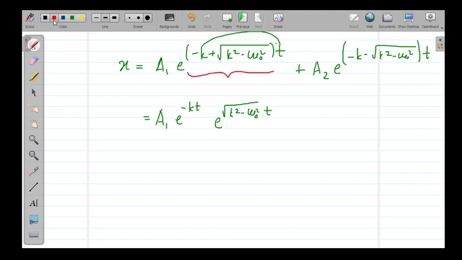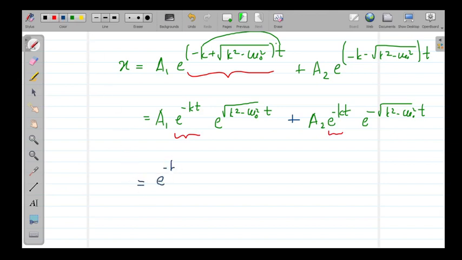You just have a look at the exponential function and try to understand that. Plus a2 into e raised to minus kt, again splitting, e raised to minus root of k square minus omega 0 square into t.